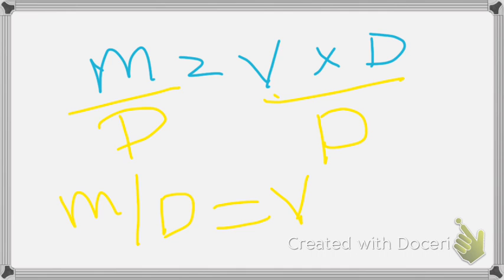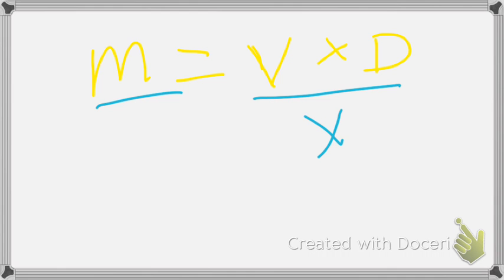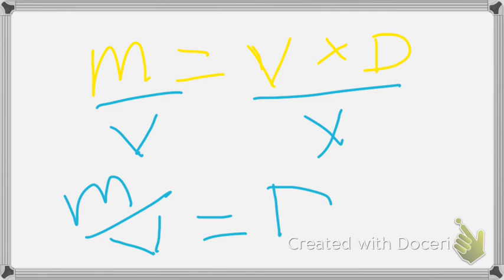Alright? So we have our mass equals volume times density. And if you wanted to find density, the same thing. You would just divide both sides by volume. So mass divided by volume equals density. Okay?